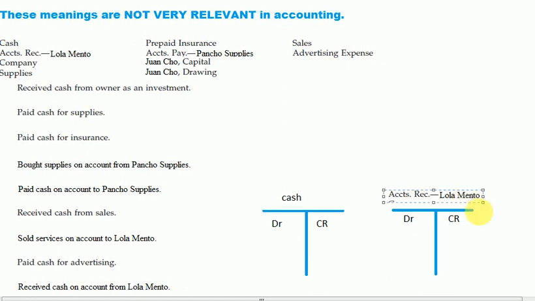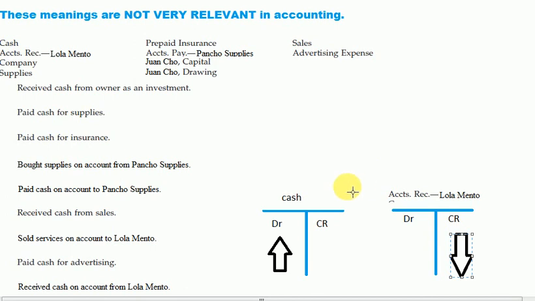And here, what happened to your cash? You have more cash, right? You receive cash, you have more cash. That's understandable. And Lola Mento, account receivable, when she is paying her debt, then the debt decreases, right? Remember, decrease is credit for the account receivable. That's an asset.